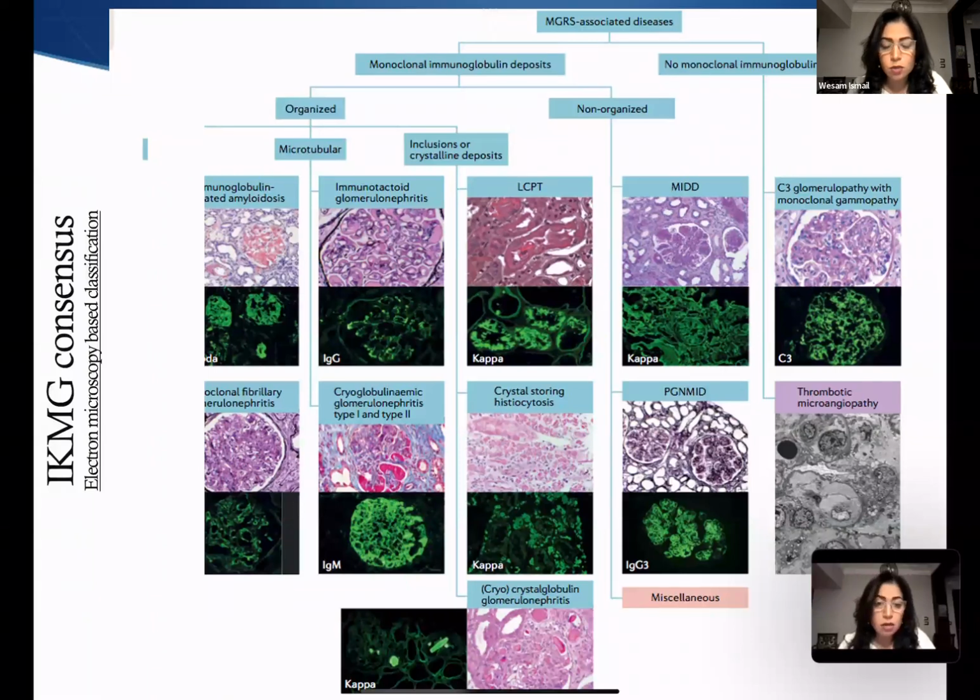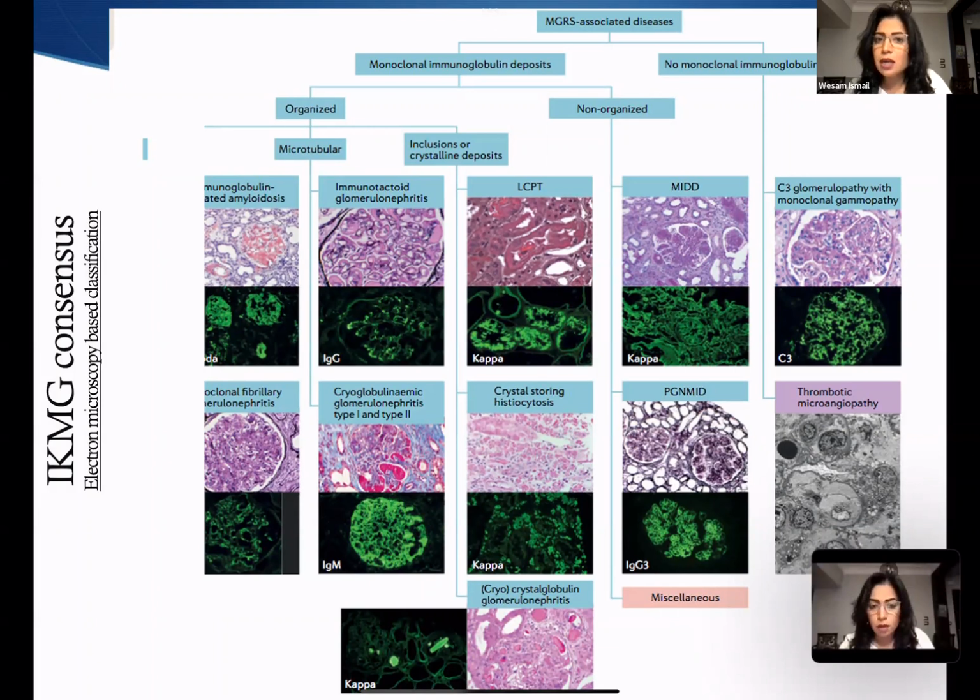or they can be just cryoglobulinemic glomerulonephritis, whether type 1, which is restrictively monoclonal, or type 2, as we are going to discuss in our next session, inshallah, or as I mentioned, they could be fibrillary. Or they can be non-organized, like granular, like MIDD, monoclonal immunoglobulin deposition disease, or like proliferative glomerulonephritis with monoclonal immunoglobulin deposits.